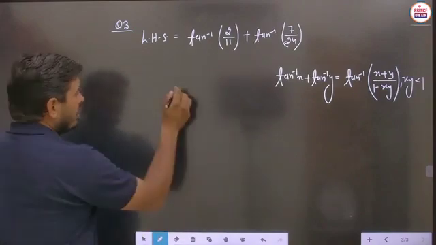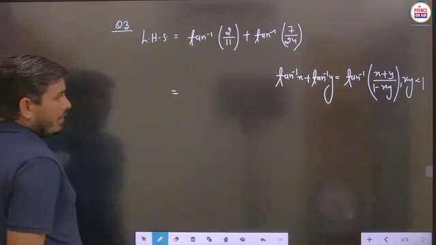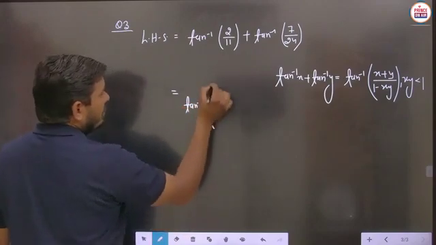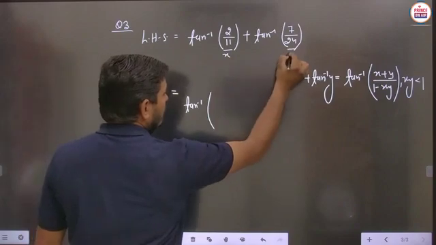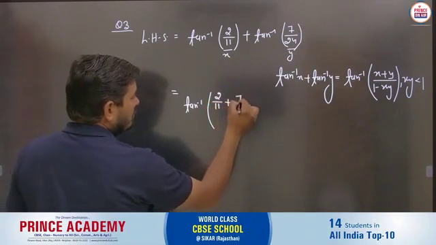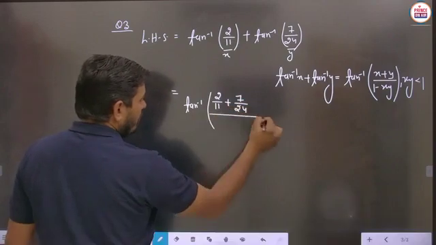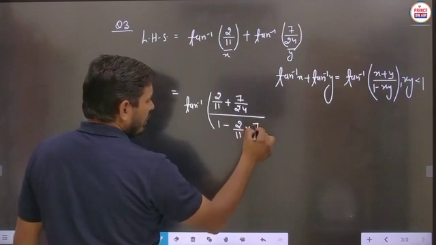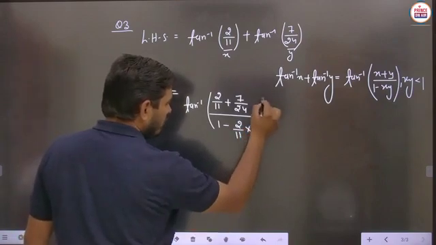So basically here we just have to use the identity to simplify things. Then tan inverse of x plus y, where this is taken as x and this is taken as y. So this is 2 by 11 plus 7 by 24 divided by 1 minus 2 by 11 into 7 by 24. Is it to be clear?